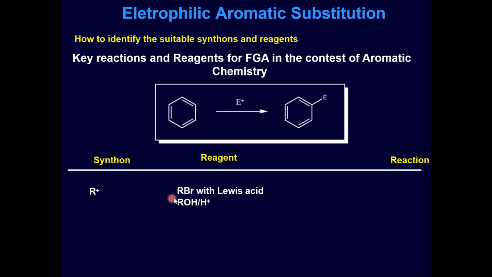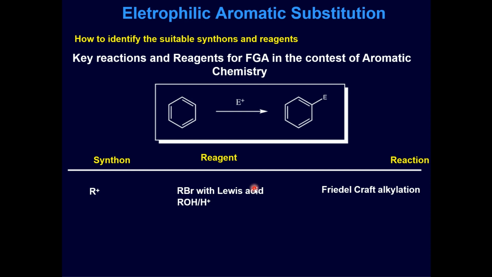And RBr I take and treat with benzene, and I need Lewis acid as a catalyst along with this alkyl halide. And this reaction is called Friedel-Crafts alkylation. Instead of alkyl halide, I can also use alcohol.